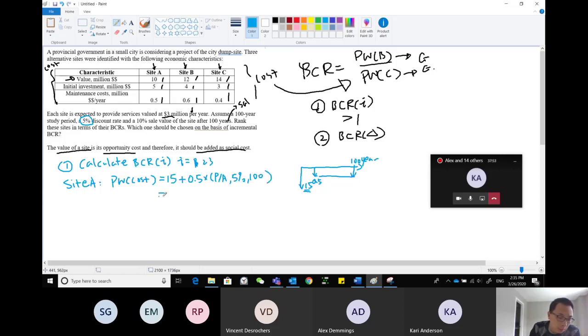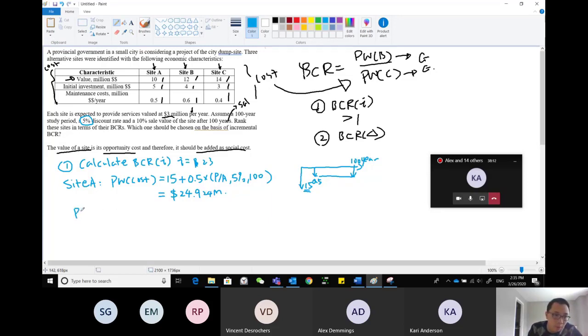This will give you 24.924 million. Okay, that's the present worth cost for site A.